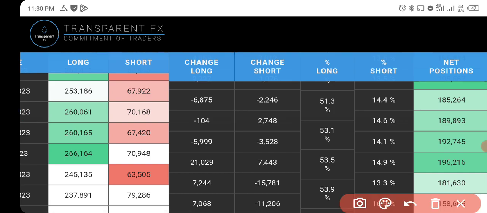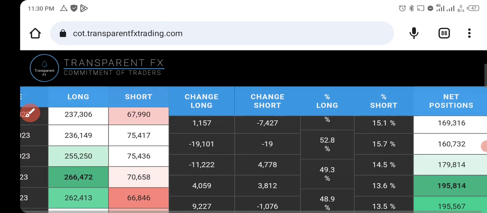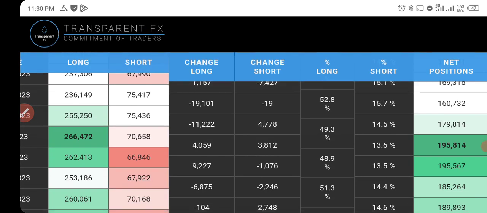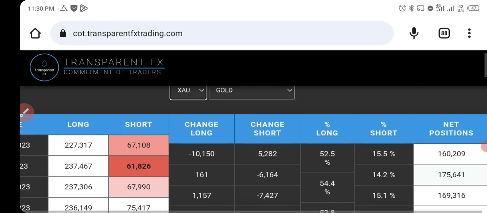Now check here. We have 245,000 long and 63,000 short. So let's check what we have currently. We have 227. So meaning that buyers are closing their orders on gold and sellers are coming in for gold.